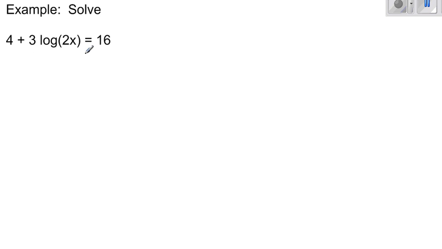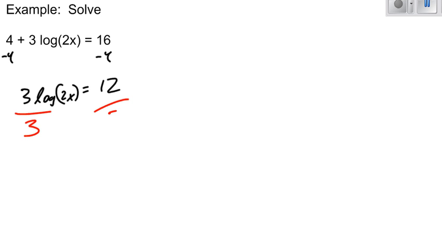So again, remember, first step is make sure that the log is by itself. So we can first subtract 4. And to get rid of 3, you can divide. So we have log of 2x equals 4.